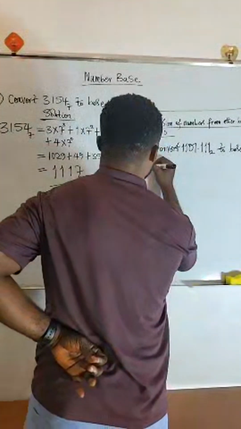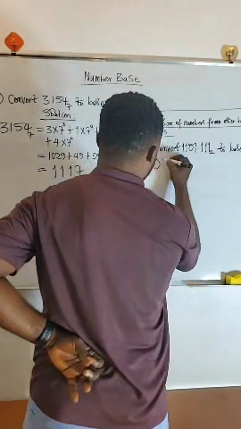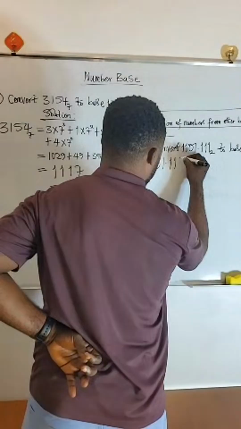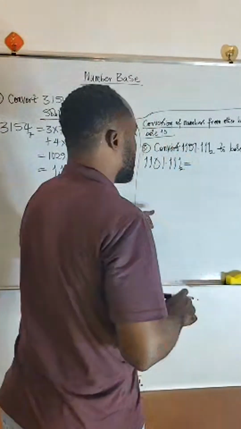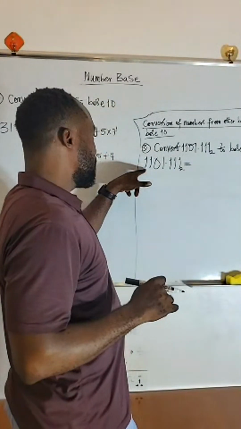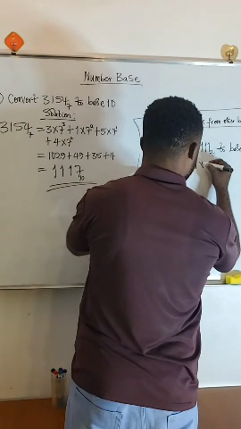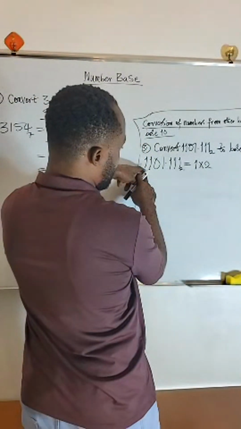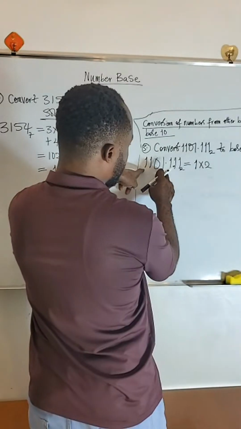Okay, you will have 1101.111 in base 2 to be converted to a number in base 10. So we start from here, which is 1 times the base, raised to the power of 3.